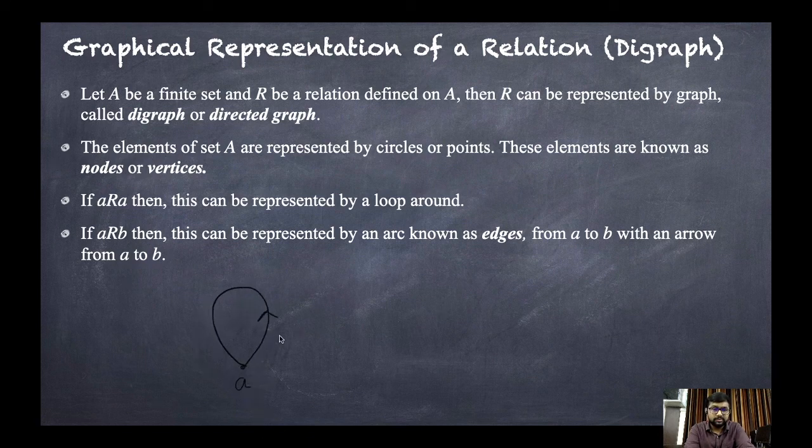This means A is related to A. So whenever A is related to A, we draw a loop with an arrow. In the second one, we have 2 points. If A is related to B, this is an arc with the arrow from A to B. And suppose we have B to A, that means B is related to A. So the same arc, but the direction will be changed.